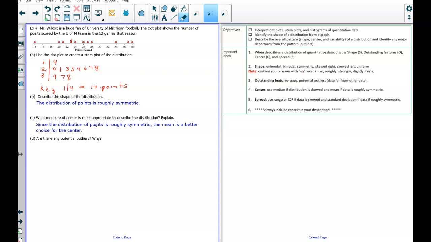There's a possibility that 37 and 38 are potential outliers because they're far from the other points. But again, in a couple of days, you'll see a formal process that you use to determine if something actually is an outlier, if it's unusual.